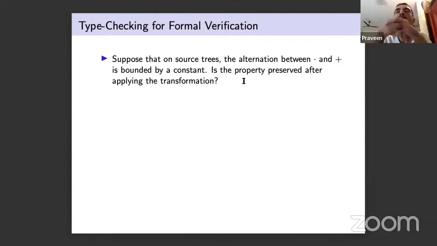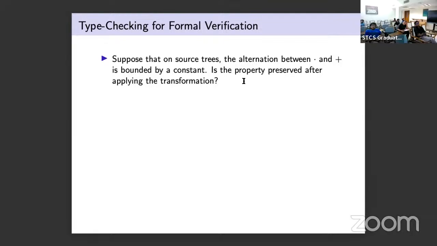Every time it changes from plus to dot, there is one alternation. Suppose your input trees have the property that the maximum alternation is bounded by some constant, let's say 2. If you are looking at expressions in some normal form, then you won't have too many alternations. Suppose you have a polynomial written out as a sum of monomials, then your alternation depth is just 1.